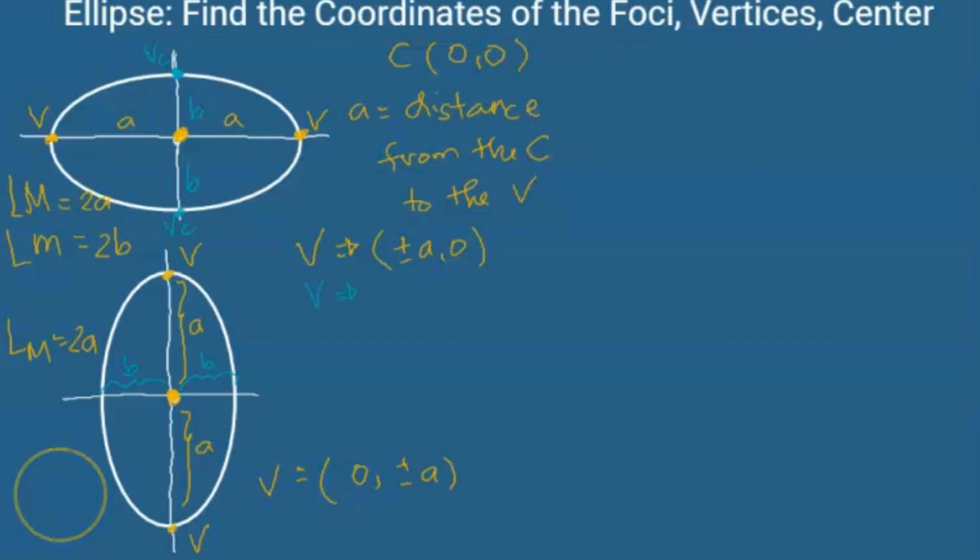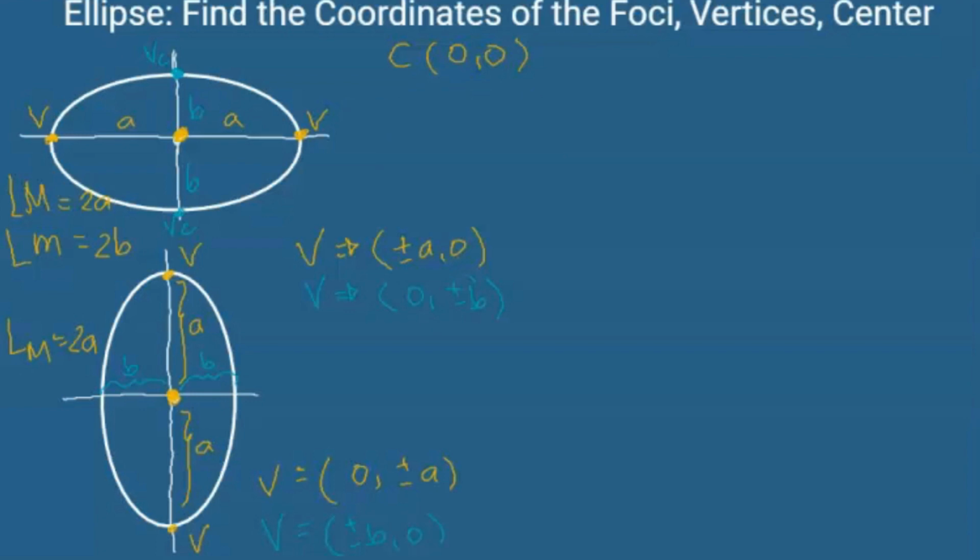So the coordinates of the minor vertices would be 0, plus or minus B. And for the vertical ellipse, the coordinates of the minor vertices would be plus or minus B and 0.